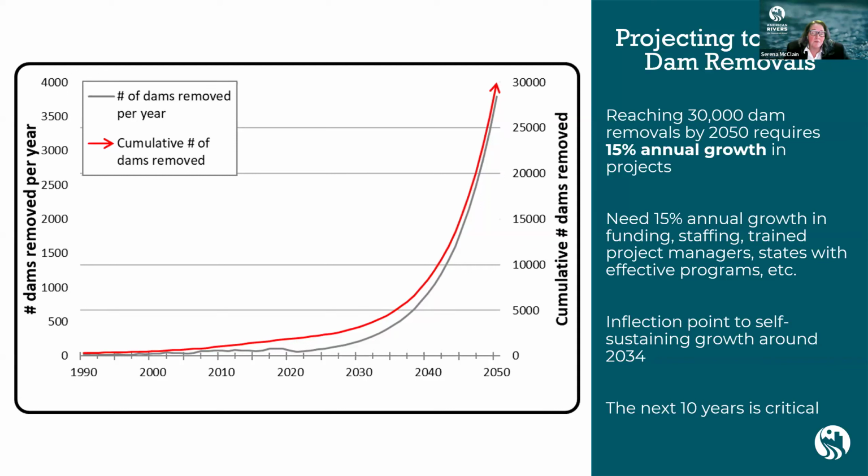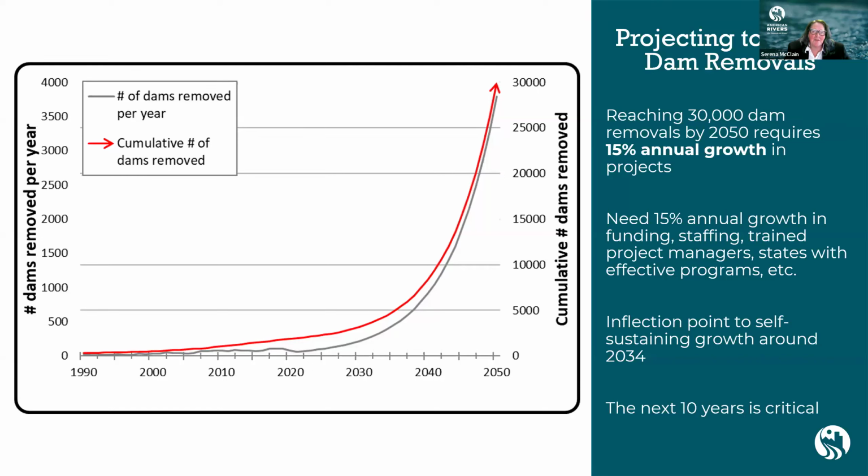But what we did do is note that to reach 30,000 dam removals, we have to have a 15% annual growth rate in projects through 2050. Note that that's an increase from the 10.5% annual growth we've been driving for the last 25 years. But that 15% growth needs to occur in all aspects of project development, right?